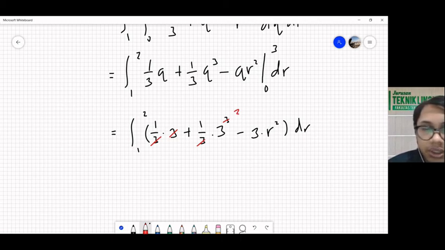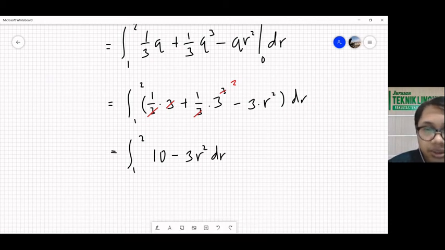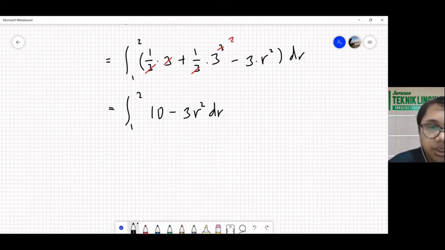So 3 square is 9. That means that integral 1 2 is 10 minus 3 r square, 3r.